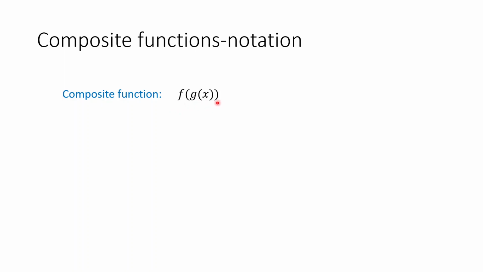We write this as f, a small circle, then g, parenthesis, of x. This is the notation for this composite function. We read this as f of g of x.